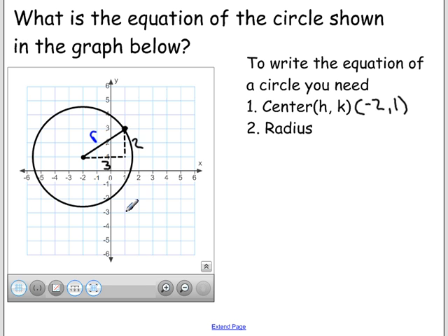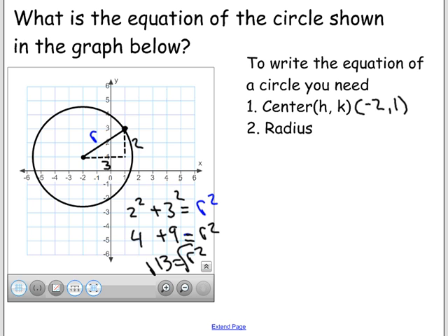So I'm going to use Pythagorean theorem to find the radius. So it's going to be 2 squared plus 3 squared equals r squared. So 2 squared is 4, 3 squared is 9. So 4 plus 9 is equal to r squared. 4 plus 9 is 13, so I get 13 equals r squared.